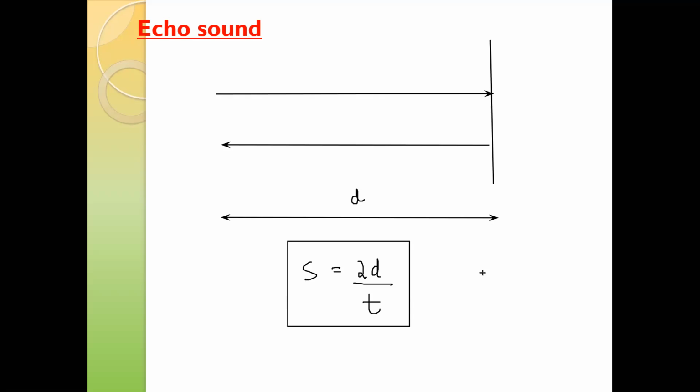And whenever we are using a reflection of the sound, there are two ways we can produce a wave. One is called a continuous wave, which means we are continuously producing a wave. The sound waves are longitudinal, but I'm drawing a transverse wave to explain the idea, because transverse waves are easier to draw than longitudinal. The sound wave will strike and bounce back.